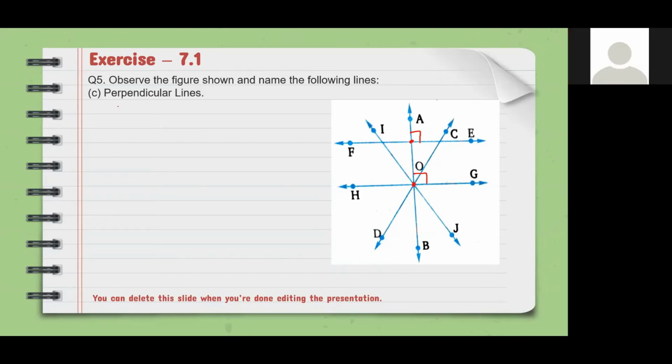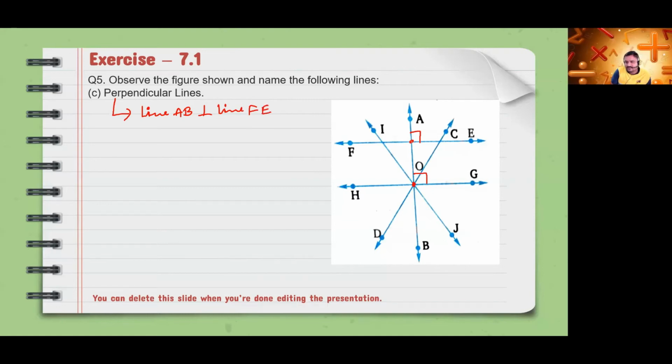So what we can say, perpendicular line, line AB and line CD. First FE, we will take this intersection point first.